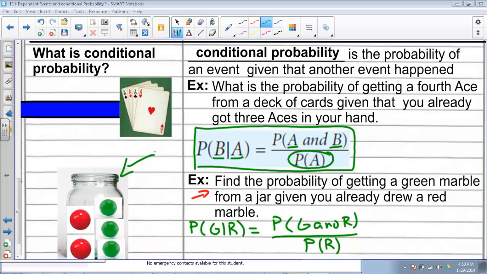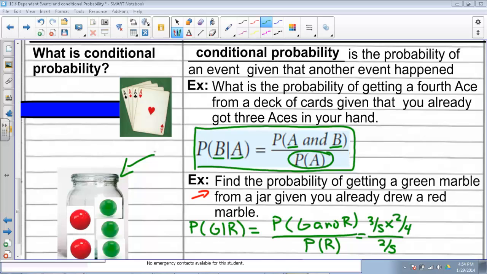Well, that's equal to, since there's 2 reds and 3 greens, 2 over 5. Okay, and what's the probability of a green and a red? Well, the probability of a green is first 3 over 5 times the probability of getting a red now, after you take a green out, which would be 2 over 4, right there.